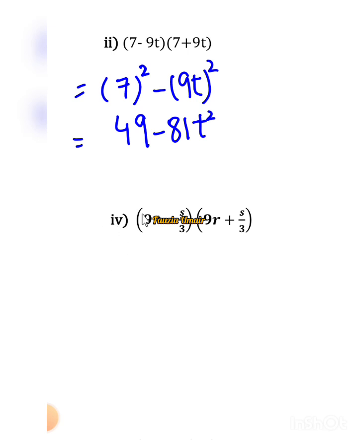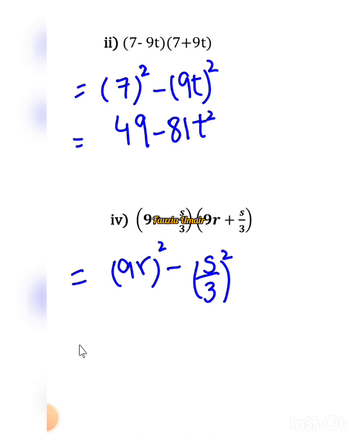Moving on to last part. So this is again the same formula. This is your a and this is your b. So you will say a square, which is 9r whole square, minus s by 3 whole square. Now I hope you have noticed the importance of this whole bracket.